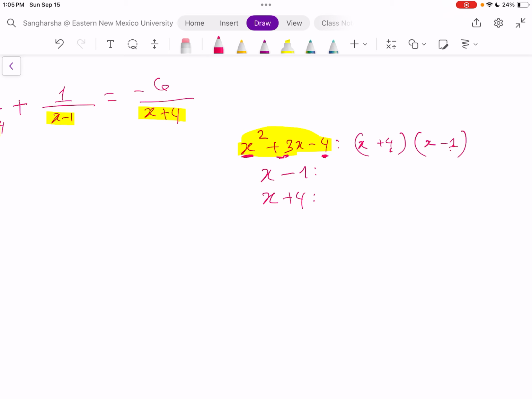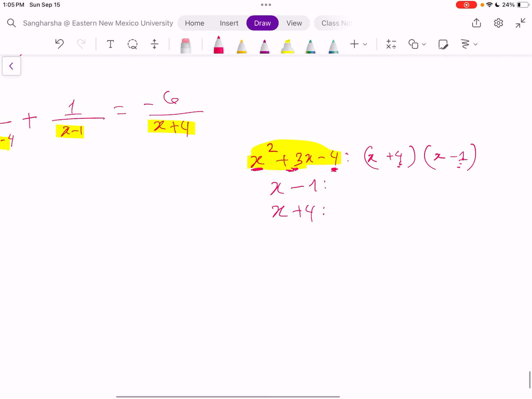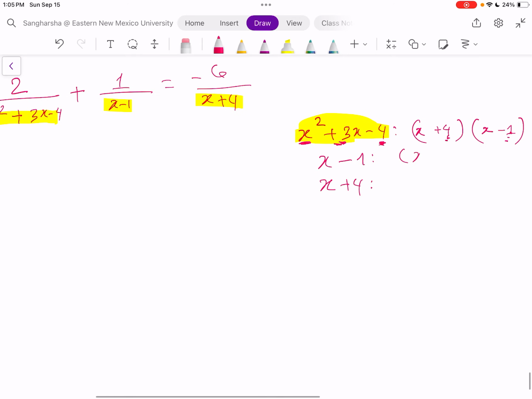Positive 4 times negative 1 is negative 4, positive 4 plus negative 1 is positive 3. So these two are the factors of this denominator. x minus 1 is already in the simplest form, so x minus 1 itself is a factor. For x plus 4, it's in the simplest form, so x plus 4 is the factor of itself.